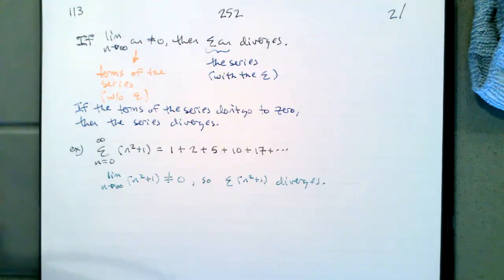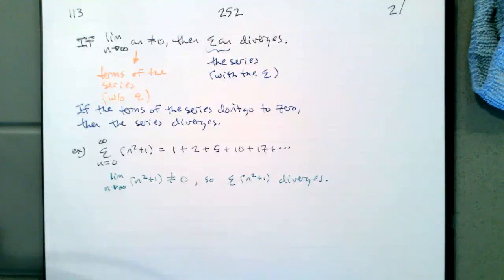We would not want to say that it equals infinity, because equals infinity doesn't make any sense in and of itself. It gets the idea across. That's how in math we might write, when we're being lazy, that this limit goes to infinity, or these terms go to infinity, but we don't say equals infinity. That's bad language. So the limit of the terms is not 0, so the series diverges.